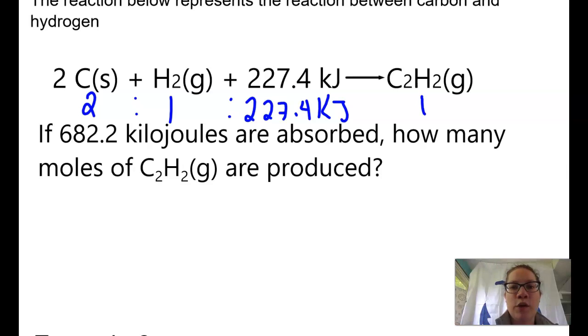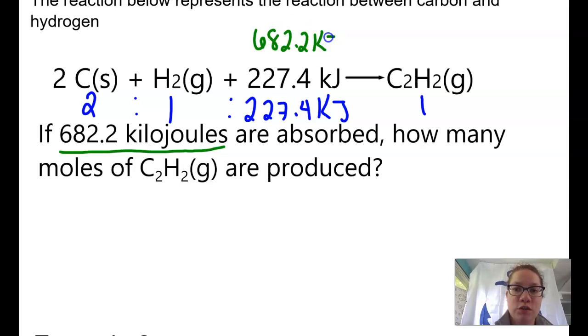Now, let's think about what we're going to put in our numerators. So we have this 682 kilojoules. So we're going to put that above our heat term, 682.2 kilojoules. And then how many moles of C2H2 are produced? So my unknown goes here.